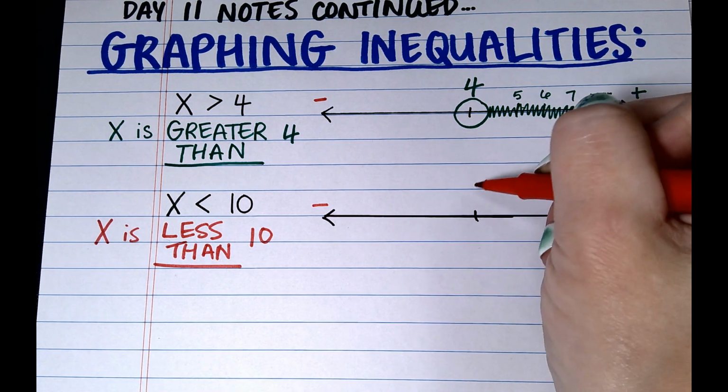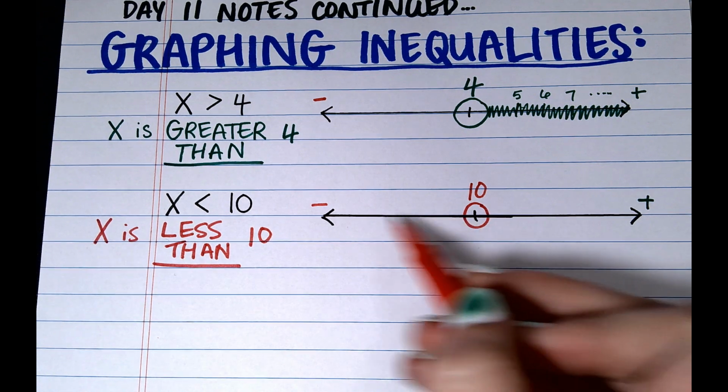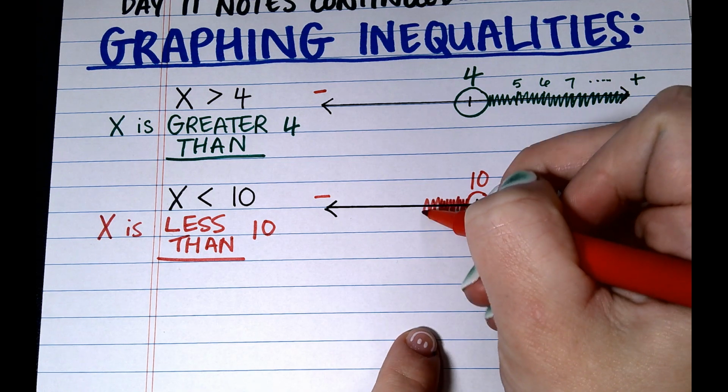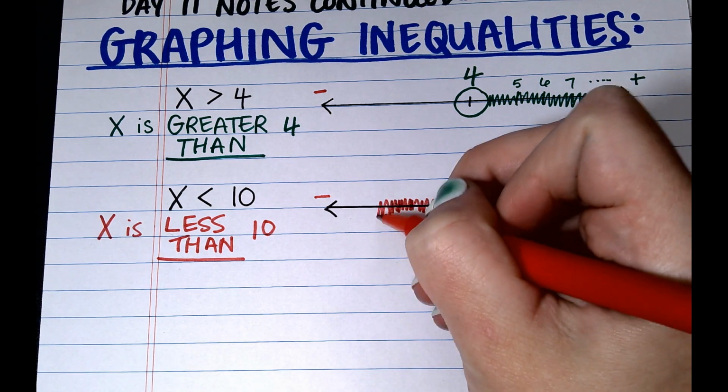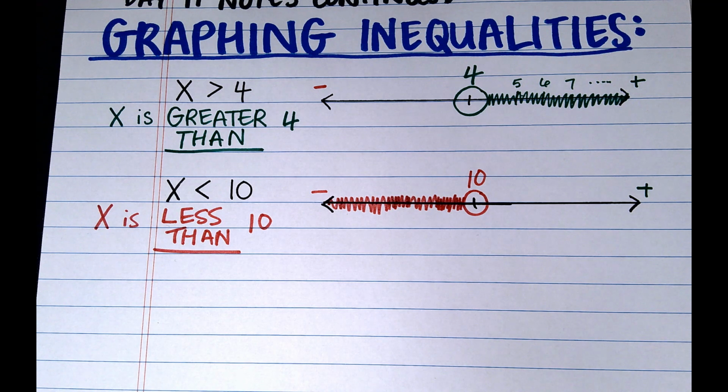Put the 10, circle it. Now, which way do you think we'll shade? Towards the minus, to the left. Because now we need to shade in all the numbers smaller than 10. And that's it. You've graphed it.